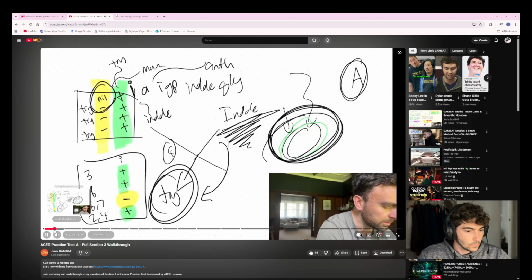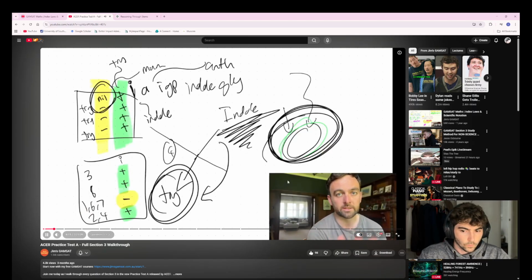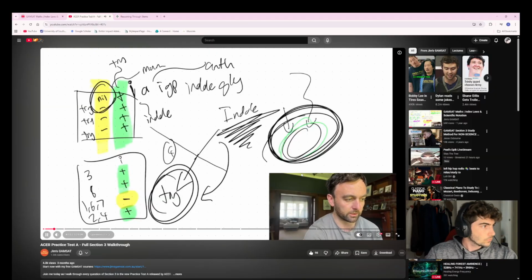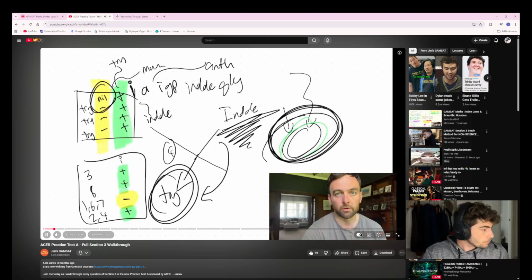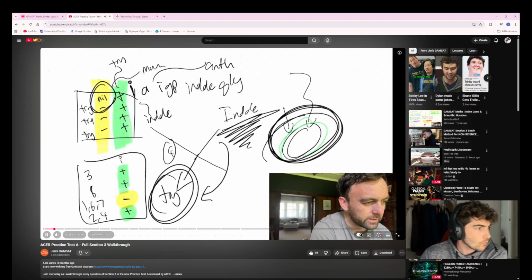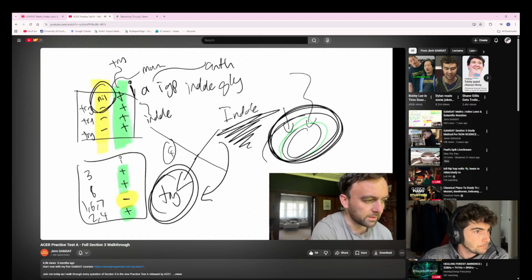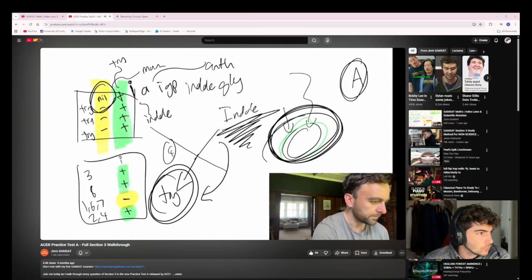Correct. Broken. That, as we said before, that means that the indole is going to build up in those cells because we can't convert it to anything else. And it can go backwards, but I still think that that's where the indole would build up. So the answer for question 1, I'm saying, is A.